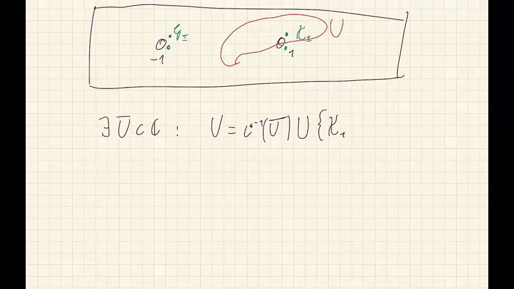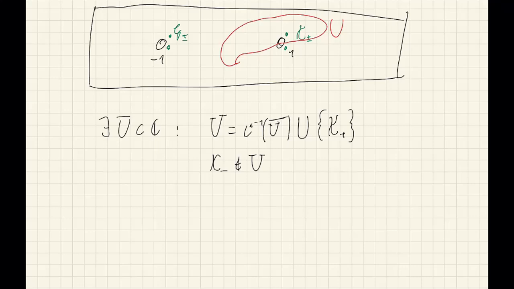But he minus is not in U, and he plus is in U. So this is a possible case of asymmetry.